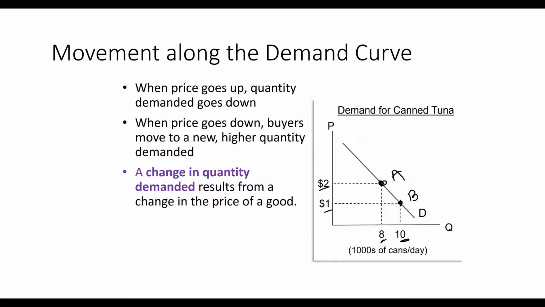That's an increase in quantity demanded, not an increase in demand. Why? Because the price decreased rather than something else happening. So this is a crucial distinction, which we'll see in a moment.